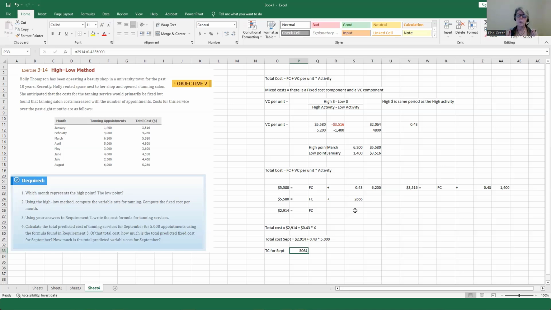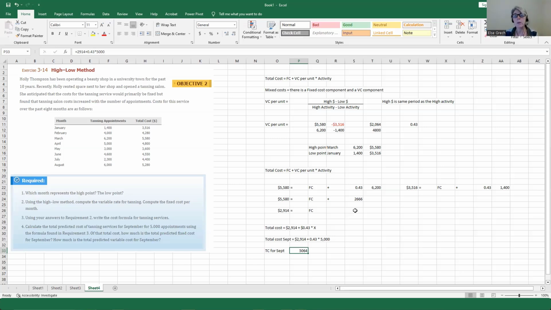So when we're doing a cost formula using the high and low, it's a prediction. When we use the high and low, we ignore all the data points in between. It's one of the drawbacks of the high-low method because it only uses 2 data points, the high and the low, and it creates a line between the high and the low data points, and it ignores all the other data points.